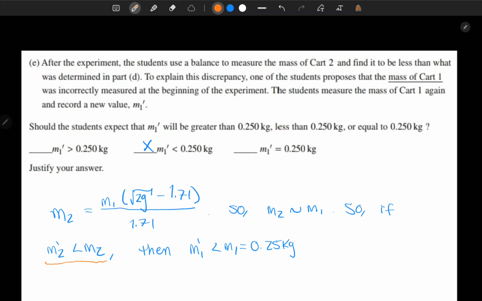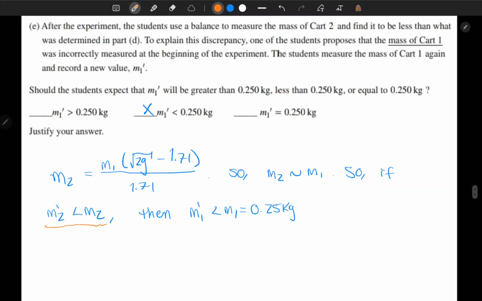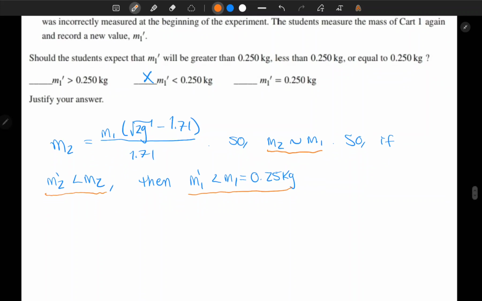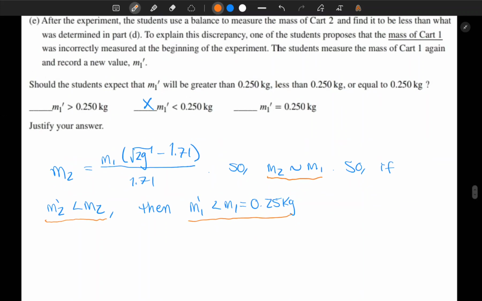So m2 prime is less than m2. Then, to make up for this, we have to ensure that the new m1 is less than the original m1. And again, that's because the two are linearly proportional to each other. And that concludes question 2.